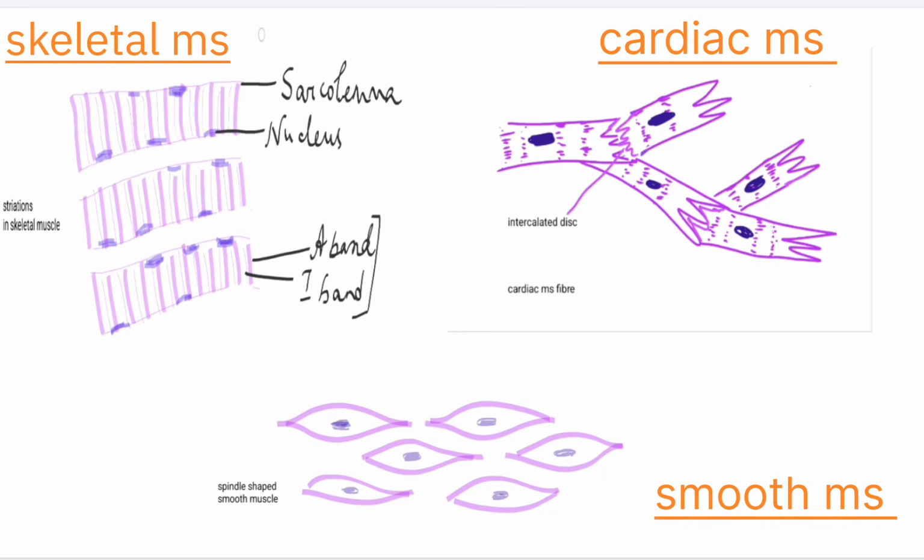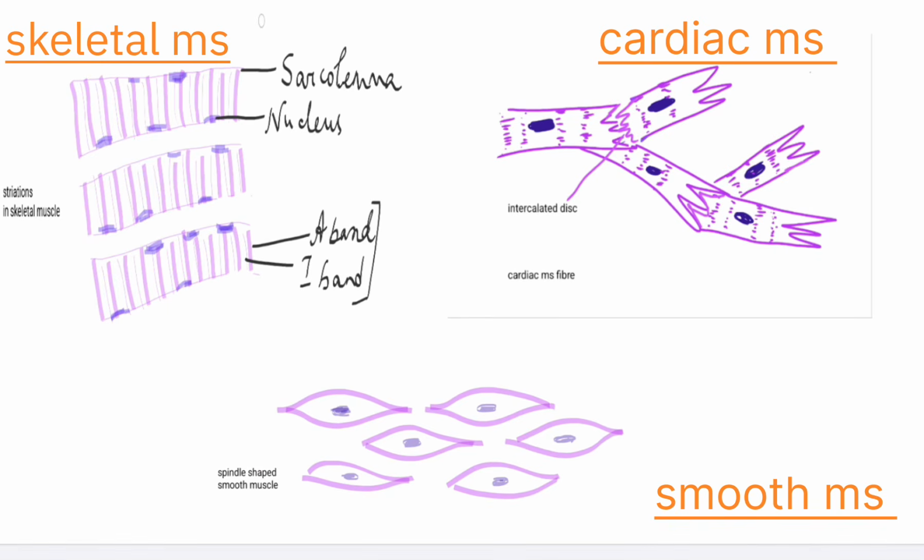The striations in both cases, as you can see from the picture, are in a direction perpendicular to the long axis of the fibers. In the same direction, we can see another feature which is specifically found in cardiac muscle, and these are called intercalated discs.